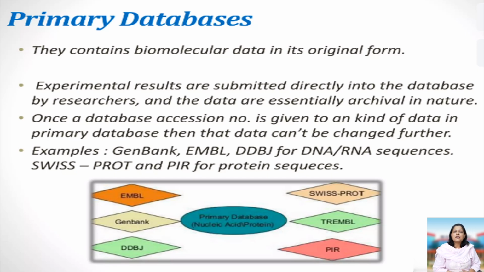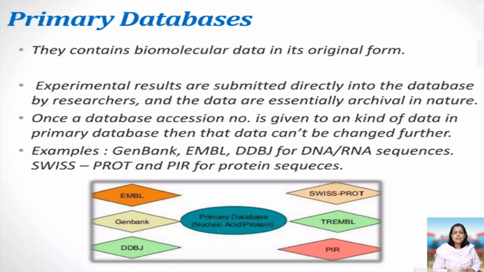Experimental results are submitted directly into the databases by researchers, and the data are essentially archival in nature. Once a database accession number is given to data in a primary database, that data cannot be changed further. What is the meaning of accession number? An accession number is a unique number for a particular sequence or structure.